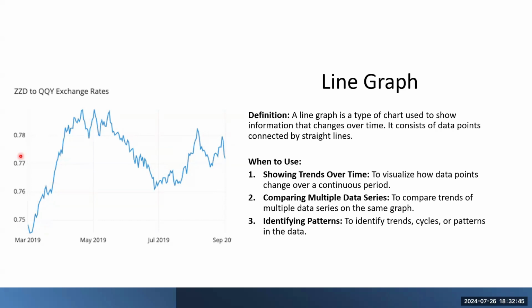So, for example, if you want to track student attendance, we can use a line graph showing the student attendance percentage over several months. Okay, so we can put the percentages here and the months here. So let's assume these are percentages, and these are our timeline.